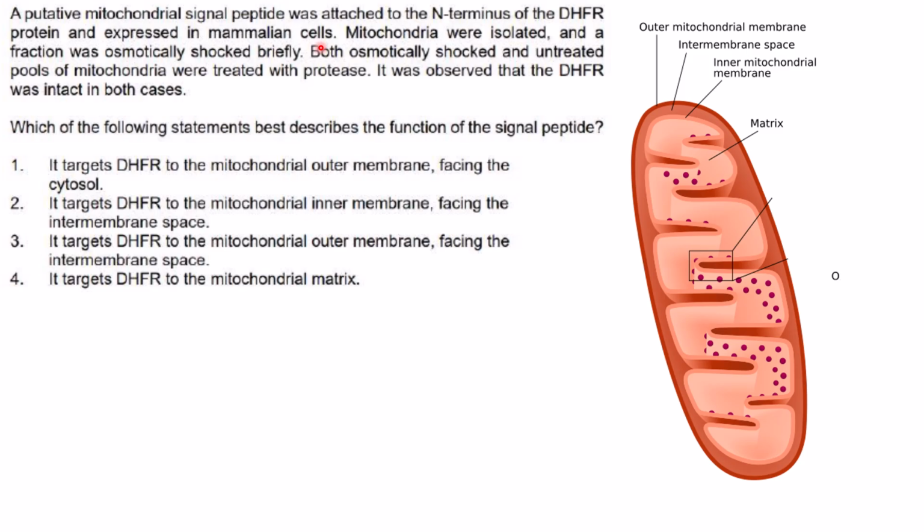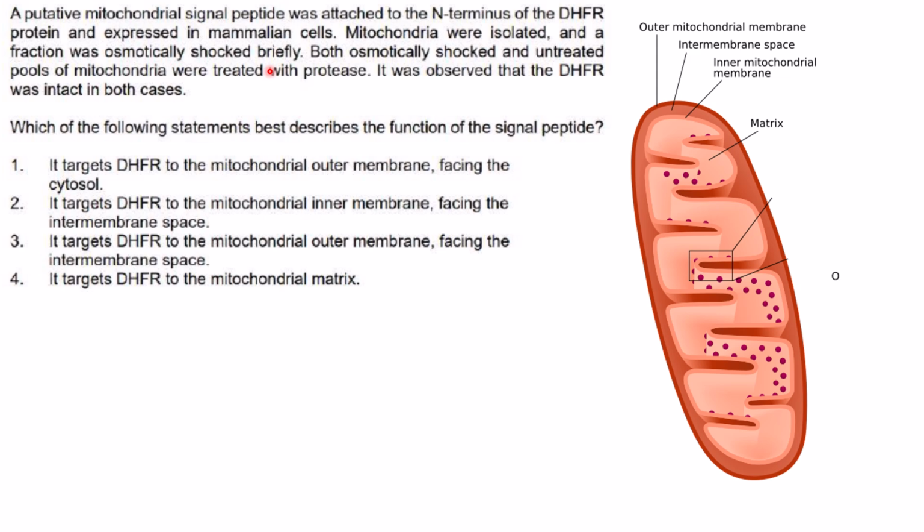Then mitochondria were isolated and a fraction was osmotically shocked briefly. So mitochondria are isolated and a fraction of it was subjected to osmotic shock treatment. Now this osmotically treated mitochondria as well as untreated mitochondria were treated with protease.